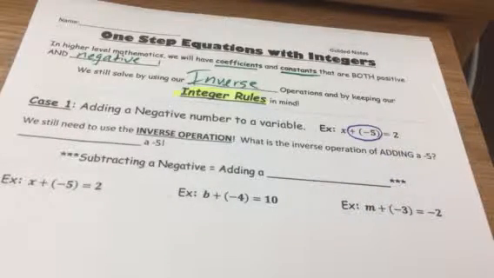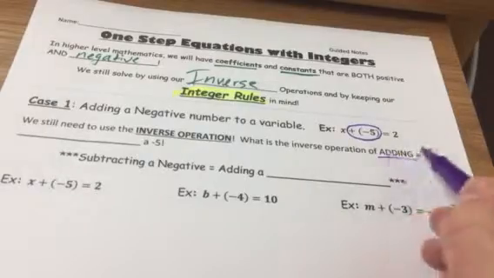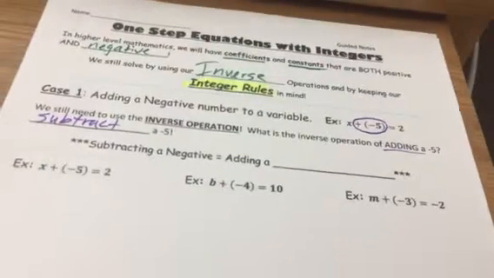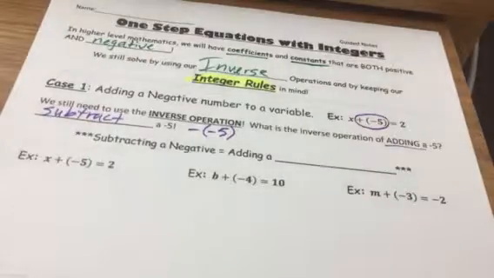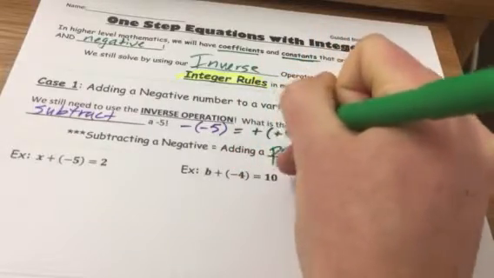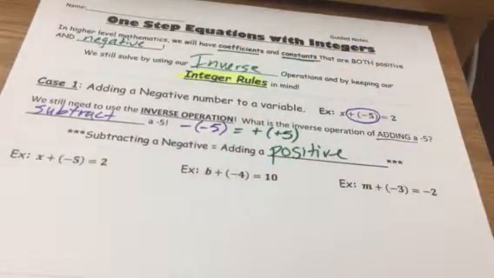Well, how do you get rid of adding a negative 5? Well, we're going to use the inverse operation and we will subtract a negative 5. Now, subtracting a negative 5 is indeed the same thing as adding a positive. So that is the same thing as adding a positive 5 when we use our KCC skills.